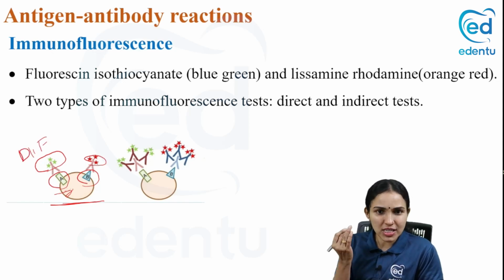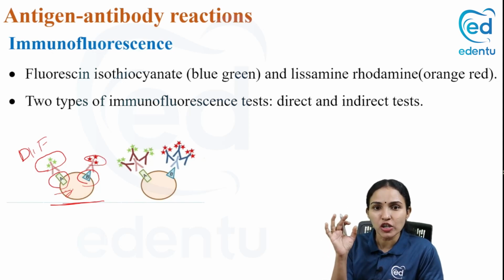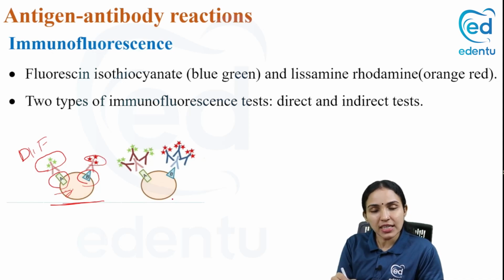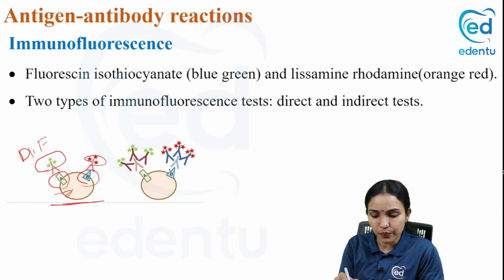Just like what you have seen in ELISA, it's direct because you are using a single antibody conjugated with a dye. Whereas in indirect immunofluorescence, you take a slide which is already coated with antigens, antigen A and antigen B, and you're going to find the presence of antibody in the sample. You add the serum. If it contains anti-A antibody, then you add a secondary antibody to this anti-A, conjugated with a particular dye.